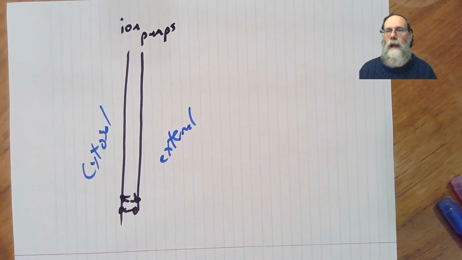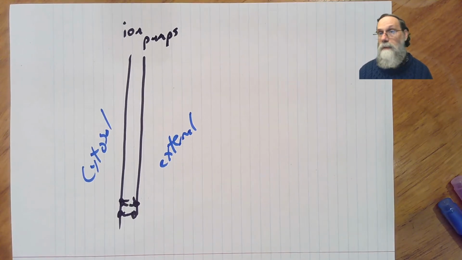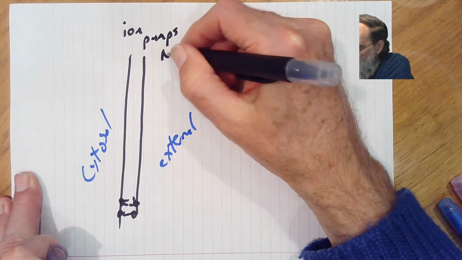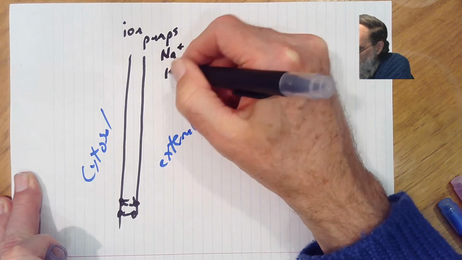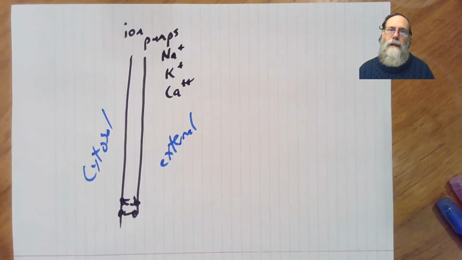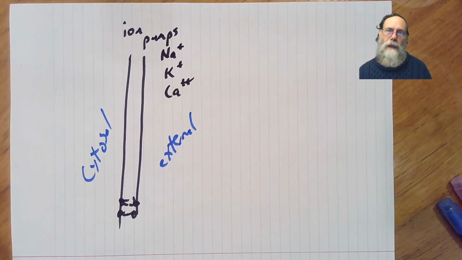Ion pumps can move a charged ion, sodium for instance, potassium, calcium. Those are the ones that are most important for action potentials: sodium, potassium, and calcium. And the ion pumps can push them against the concentration gradient.